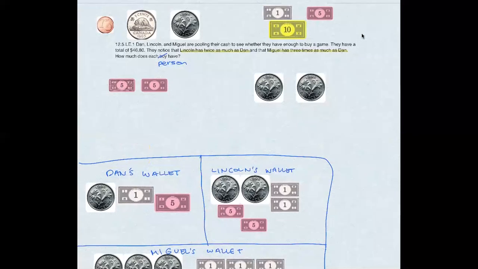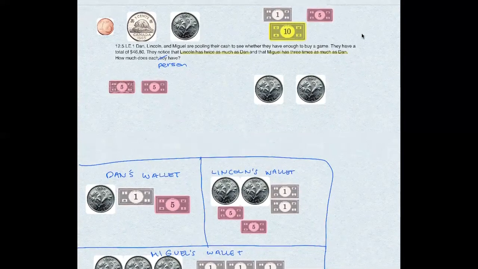Now I have two fives and two sets of 10 cents. So I have to go through and break up this money even further. Let's just go with the fives. I know that I can break up the five into ones. So I'll get five ones: one, two, three, four, five ones. And this $5 bill goes back.